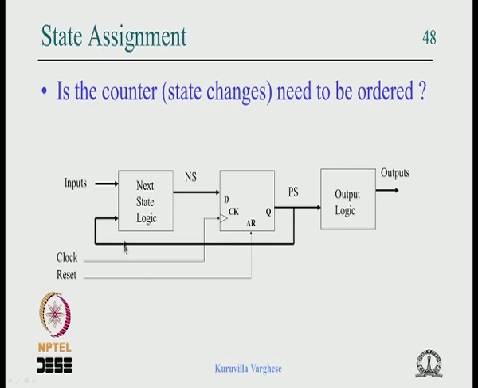Only thing is that depending on the need of these various transitions, inputs and outputs, the next state logic changes for the various transitions and the output logic changes for the various outputs in each step, because we have a sequence of states this controller is going through, and we produce at each state various outputs as and when required, and the sequence itself is in terms of the clock period.